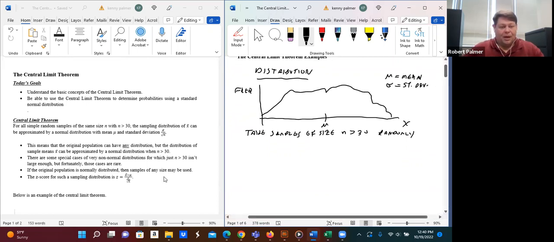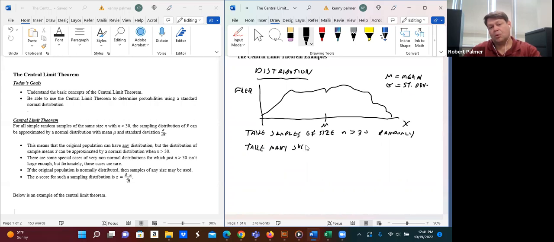Then what happens from the central limit theorem is, if we take samples of size 30, and imagine we take lots of these, many such samples. So imagine we randomly take a sample of size 30.